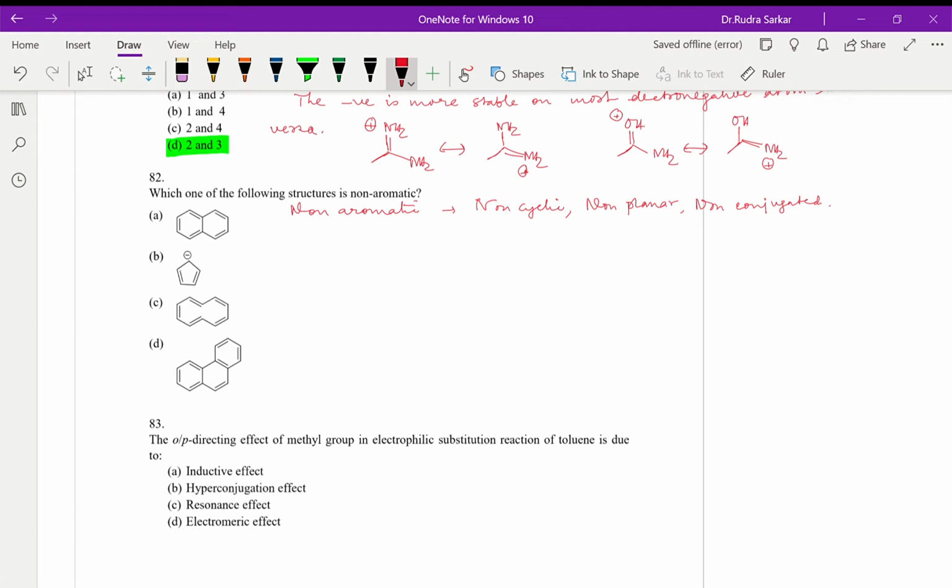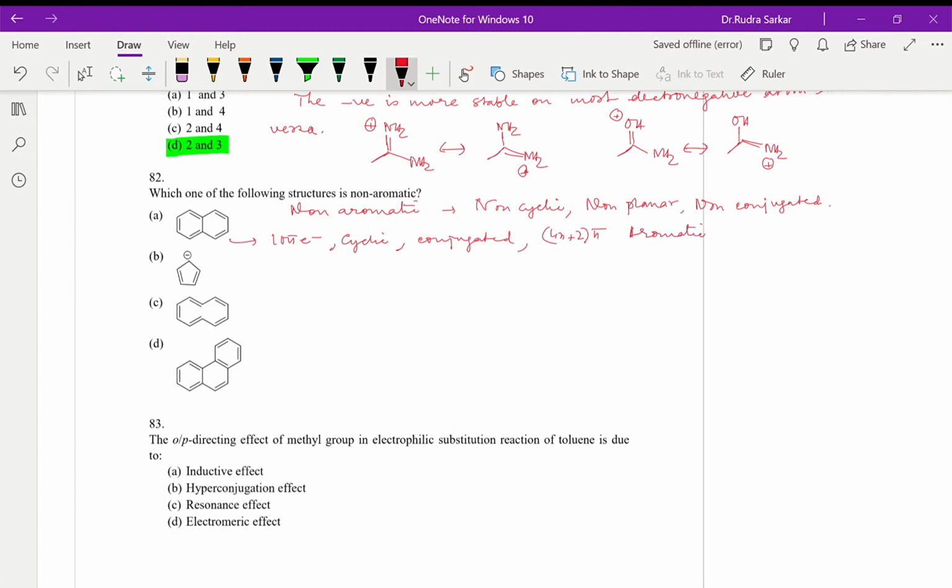The first one, we can see, is basically a 10 pi electron system, cyclic, conjugated, follows the 4n plus 2 pi electron Huckel rule, and should be aromatic.